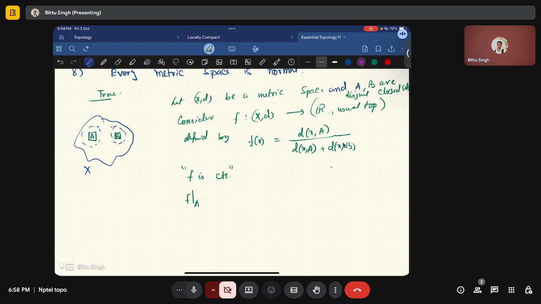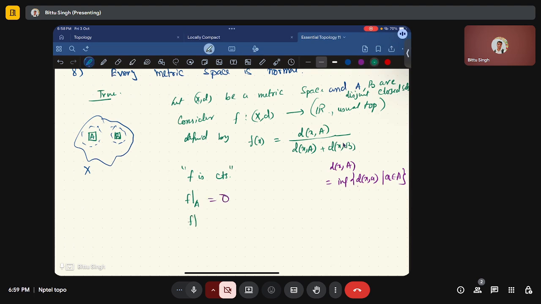So recall, distance d(x, A) is nothing but the infimum of d(x, a), where a belongs to A. So if we choose an element from A, then d(a, A) is 0, the minimum thing. 0 is the lowest possible thing, because distance is always greater or equal to 0. So f restricted over A is actually 0.